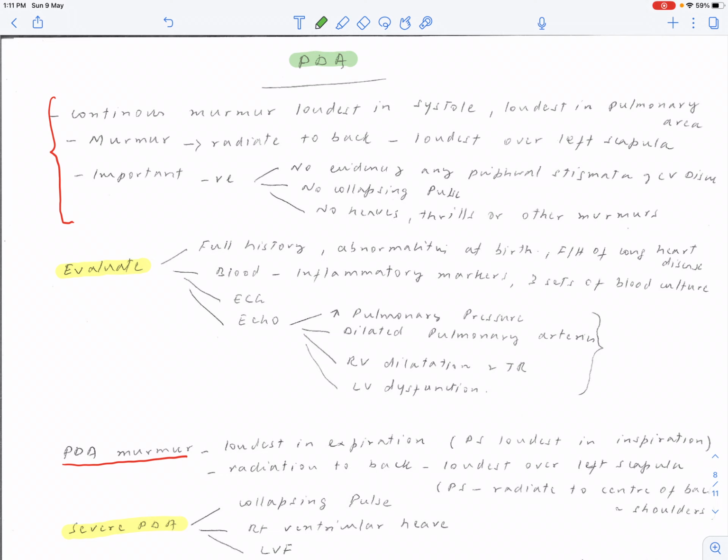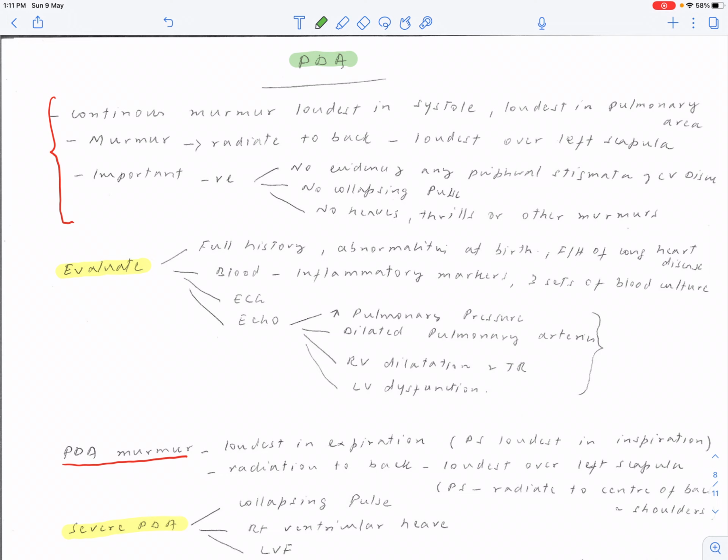Naturally, the next thing the examiner will ask is how you will evaluate the patient. So tell them, I like to take a full history, especially the history about any abnormalities at birth and any family history of congenital heart disease. We like to do blood tests, especially looking for the inflammatory markers, and 3 sets of blood culture because we want to exclude infective endocarditis.